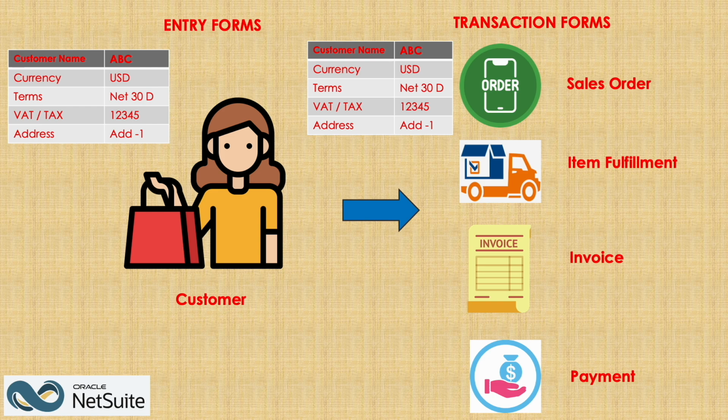All of these transactions, fulfillment, invoice, and payment, will copy the data from the original customer master record. And remember, you can create multiple transactions against the same customer. There is no limit, you can have as many sales orders, invoices, or payments as needed, but they all trace back to that one customer record.